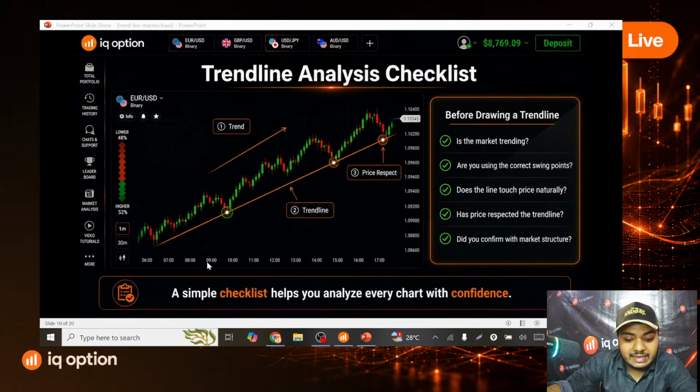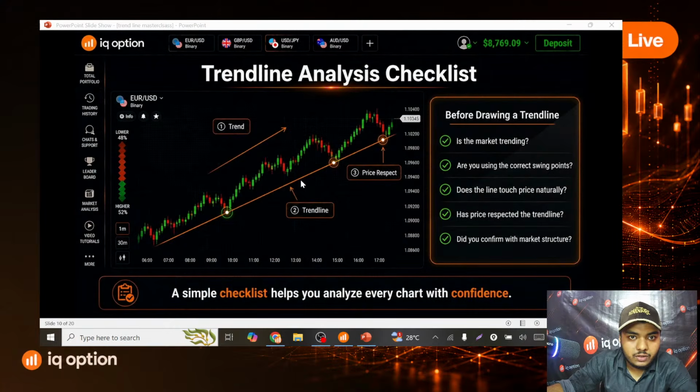The fourth is, is the price respecting the trend line? Multiple touches usually make a trend line more reliable. The first touch, the second touch, and the third touch, you can use a trend line several times. A trend line doesn't have any limit as long as it keeps moving in the upward direction. If you draw a trend line, that means we are 50% different from the beginners.